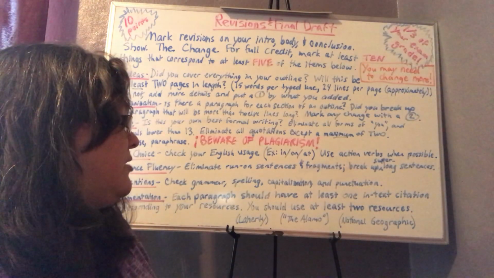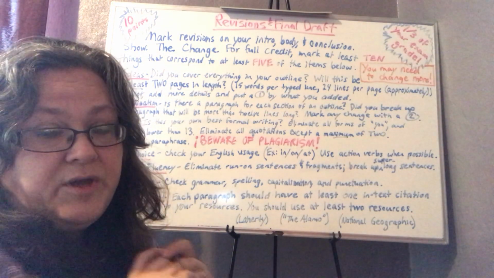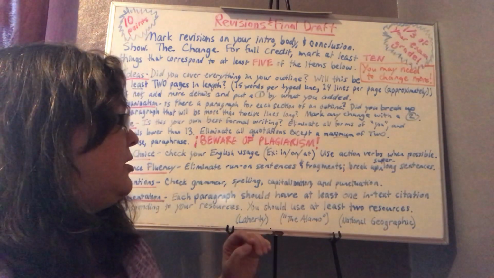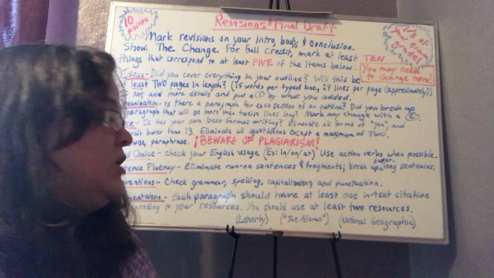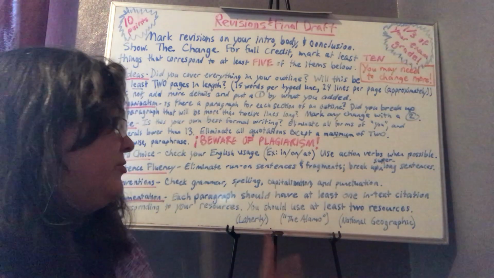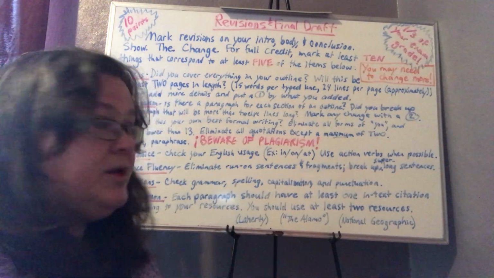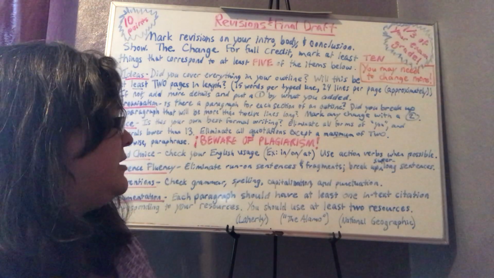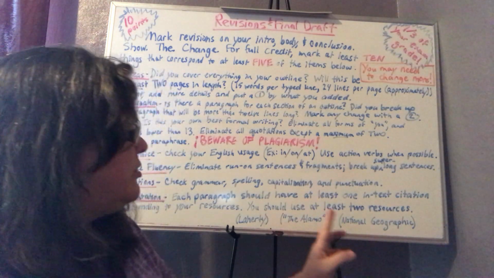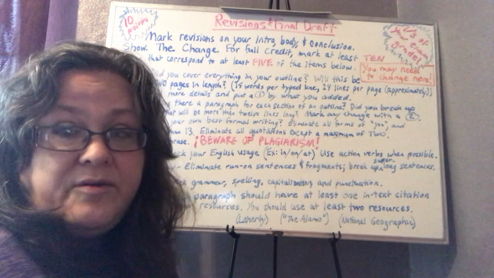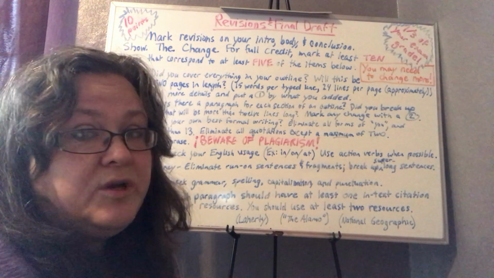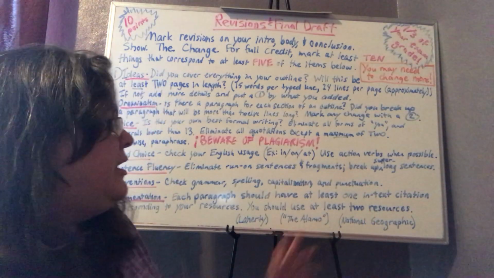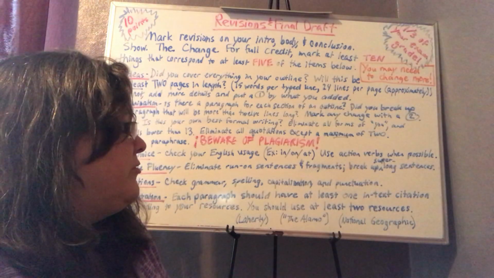If there is no author's name, you can use the title of the article or a shortened version of the title, but you need to make sure that you don't have 2 that are exactly the same. So if I were writing about the Alamo and I had 2 articles called The Alamo and neither one had an author showing, then the other one could be a well-known repository of information such as Wikipedia or National Geographic, and you could put that for one of them.